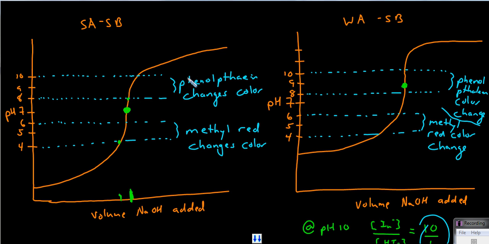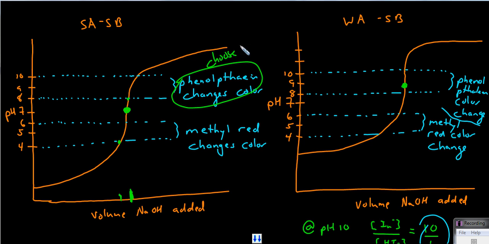Generally, you want to use an indicator which changes color slightly after the equivalence point is reached, or while the equivalence point is reached, but definitely not before.